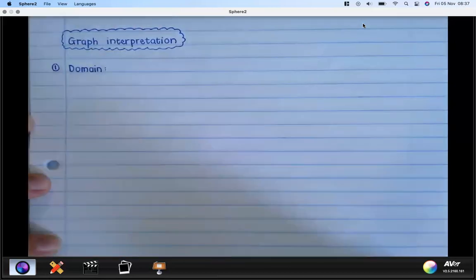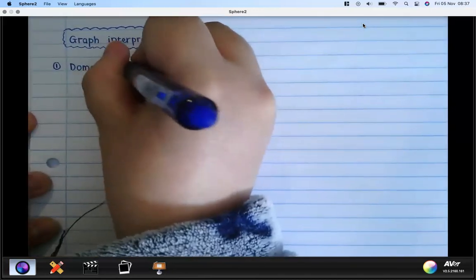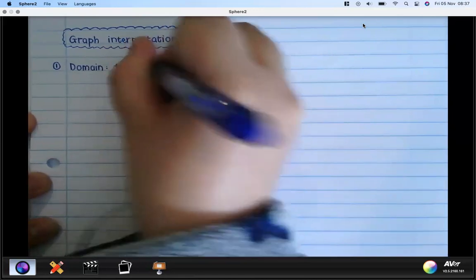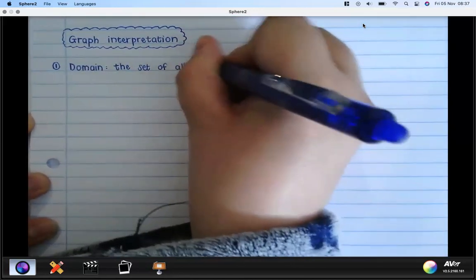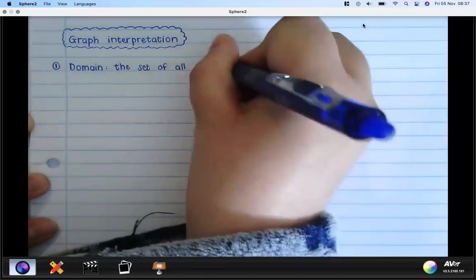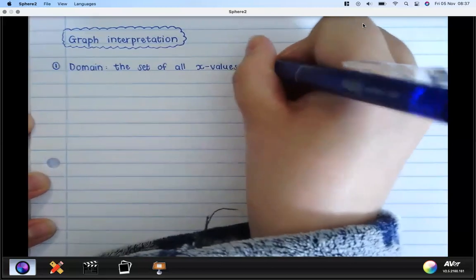So if you're asked for the domain of a graph, this is the set of all x values covered by the graph.